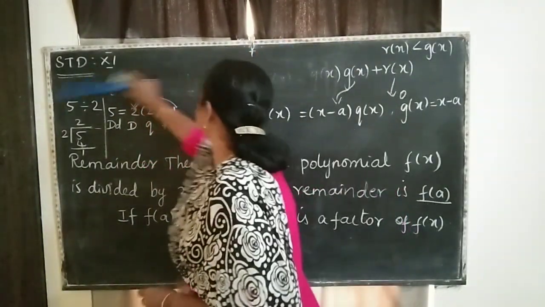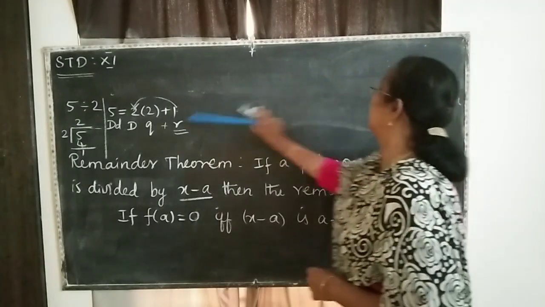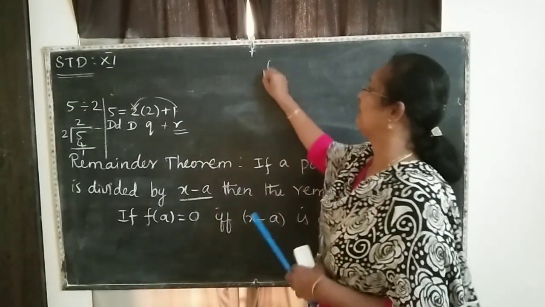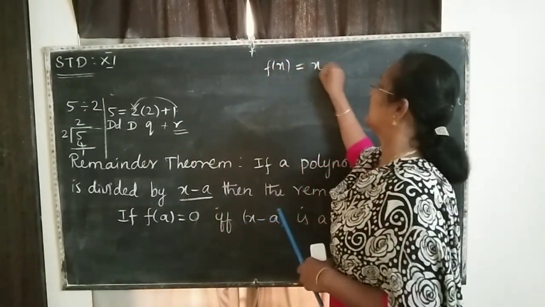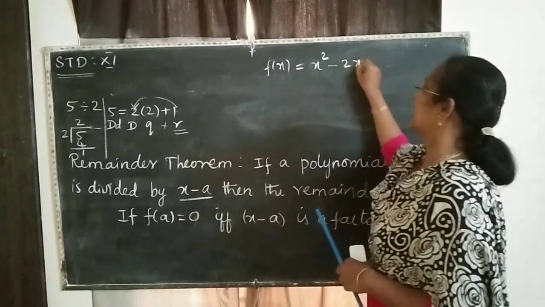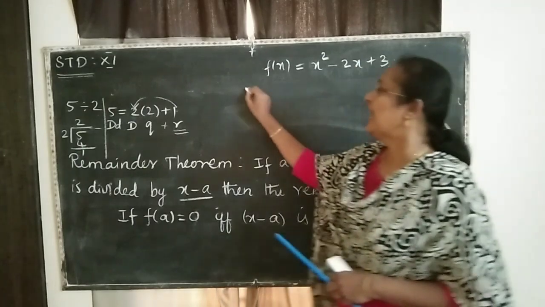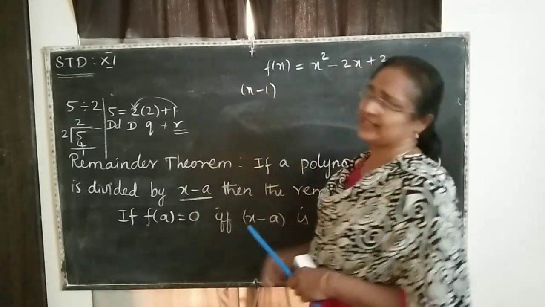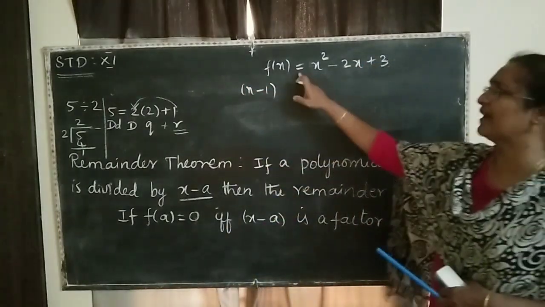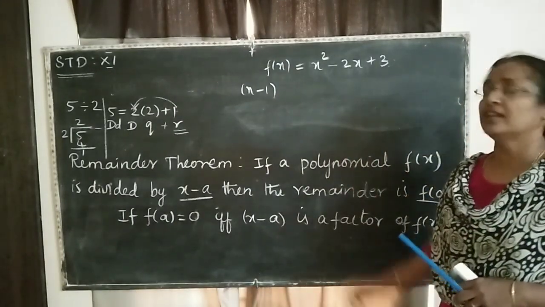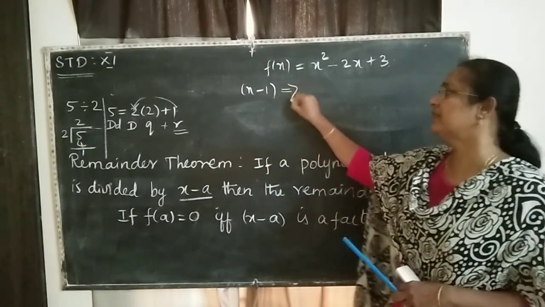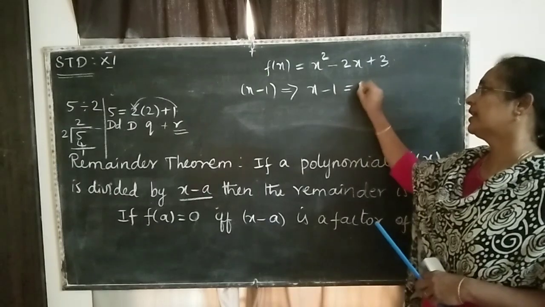For example, if we have any function, let's take f of x is equal to x squared minus 2x plus 3. Okay, now I have to check whether x minus 1 is a factor, or divide f of x by x minus 1. So, if it is x minus 1, what will we do? We will substitute x minus 1 equal to 0.